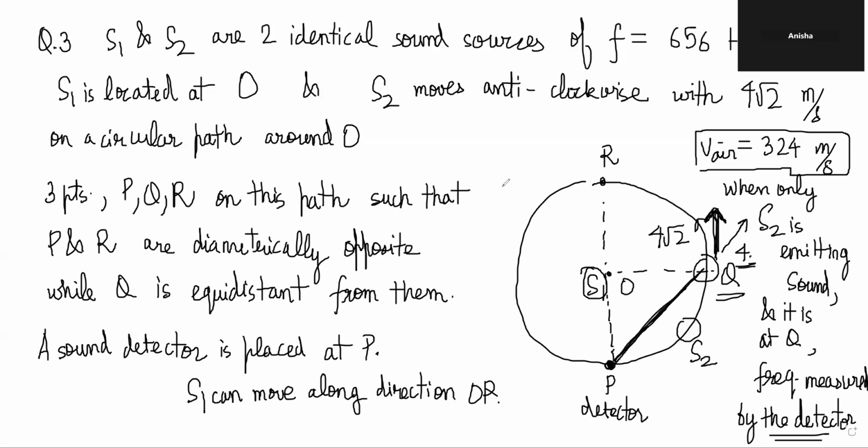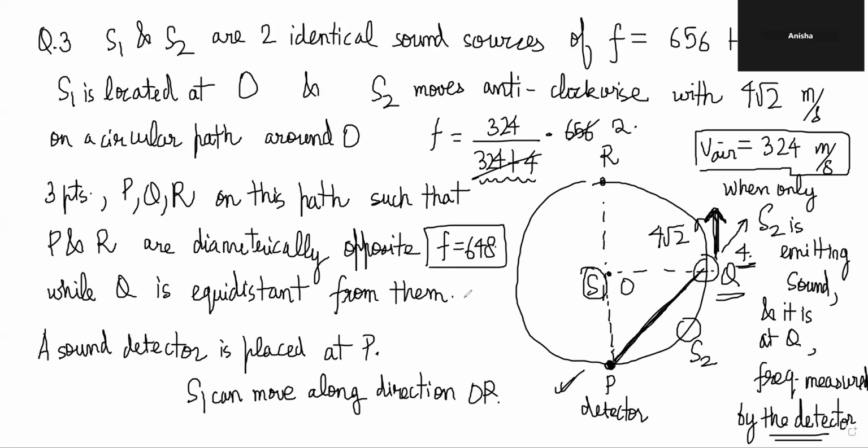Yes, sir. So 4 away, and you just have to find the frequency detected. The source is moving away and the observer is here. So it is 324 by 324 plus 4, into f naught, which is 656. This is 328. This cancels with a 2. 648 is coming.